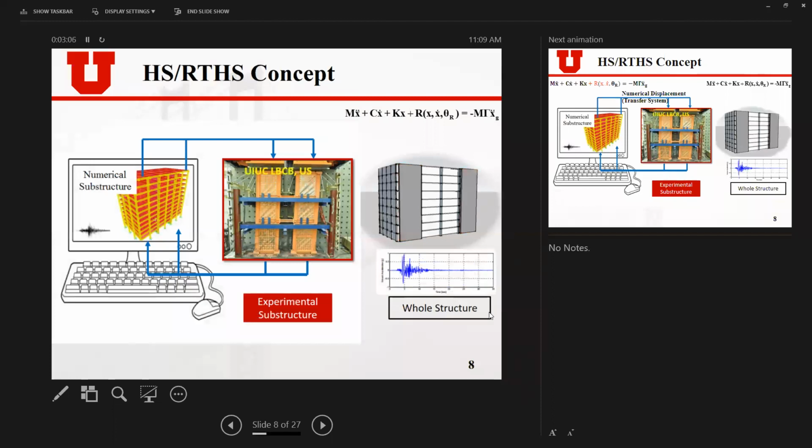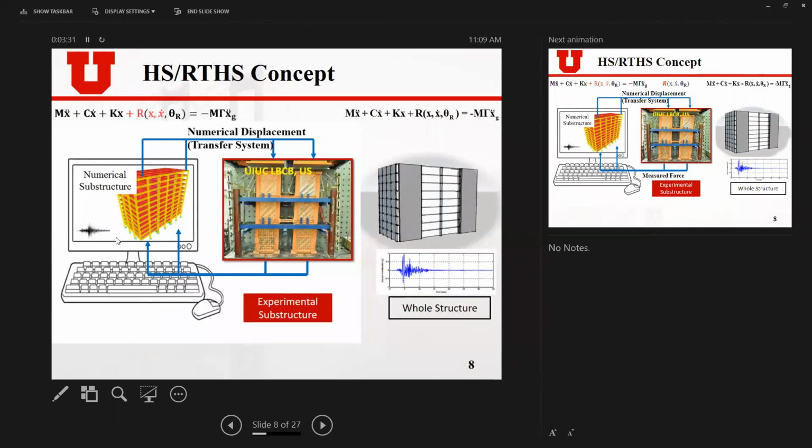But this time, the rest of the building, the structure minus the two shear walls, is in the numerical substructure. We decouple the equation of motion into a combination of numerical and experimental testing.